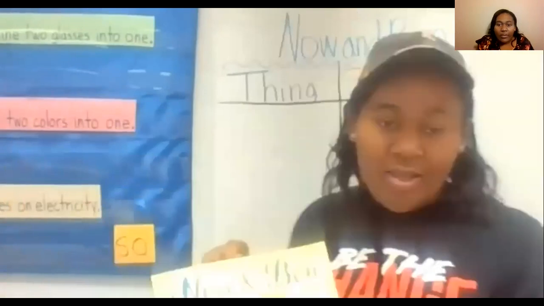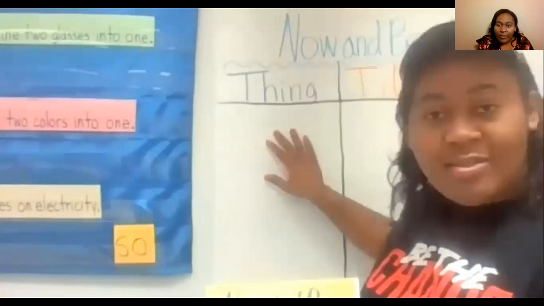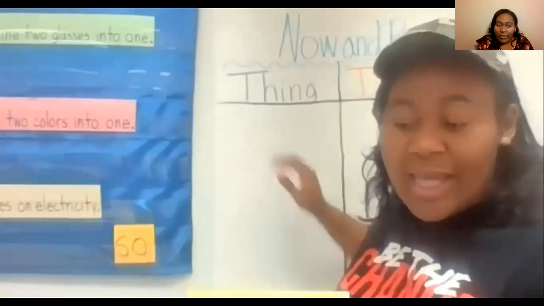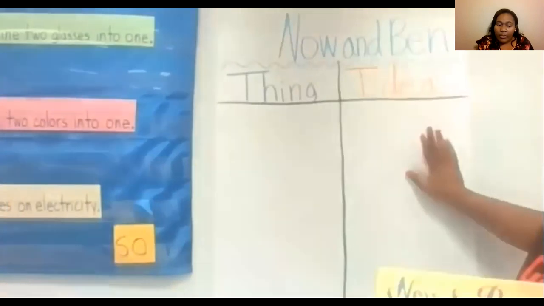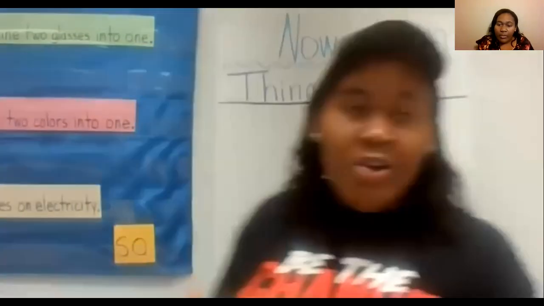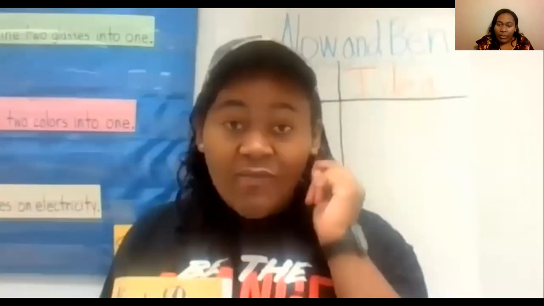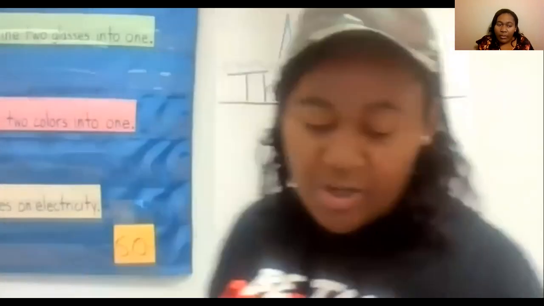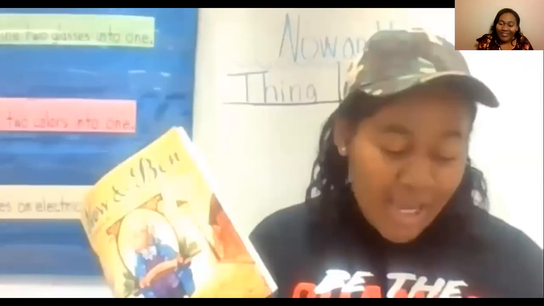Okay? Some of the inventions are things that we'll write here. And some inventions are ideas and we'll write here. Okay? You're going to help me decide. So while I'm reading, I want you to listen to the inventions and we're going to add them to our chart. Okay? Students, this book takes us through time from one invention to the next.